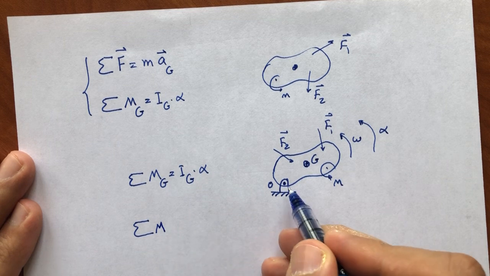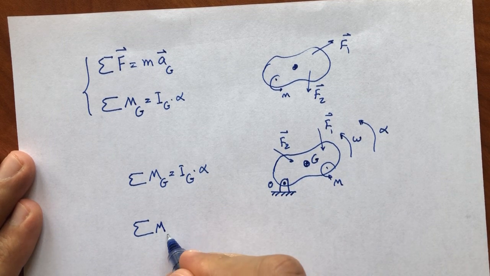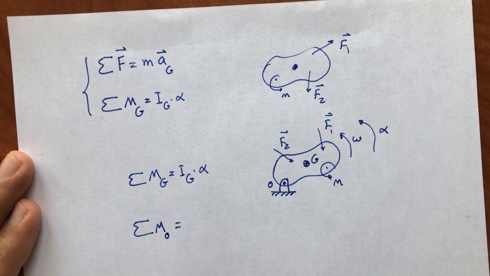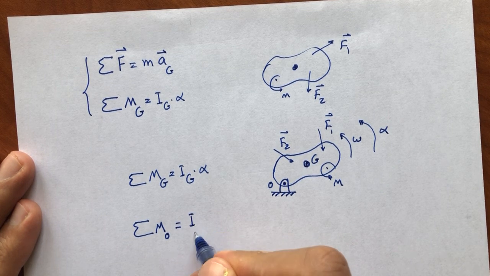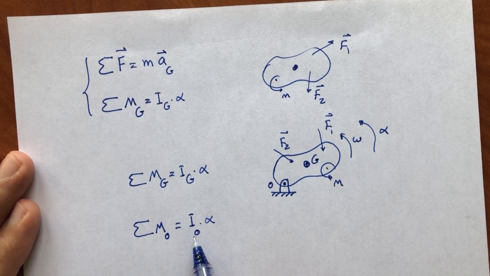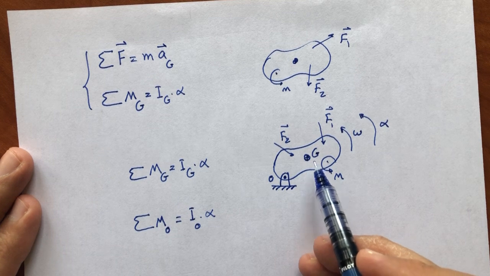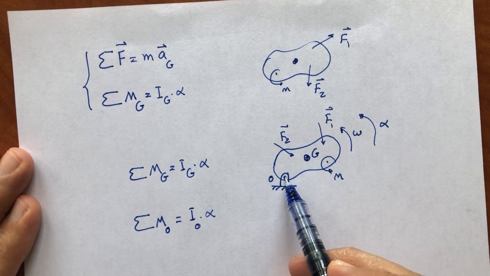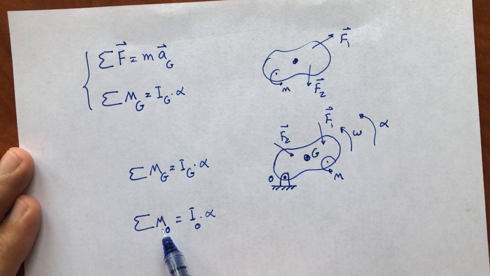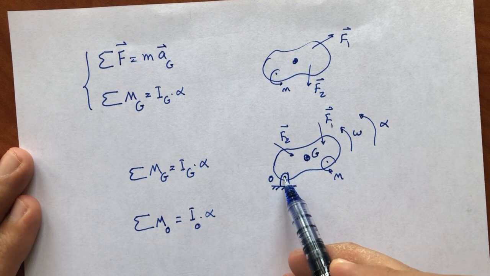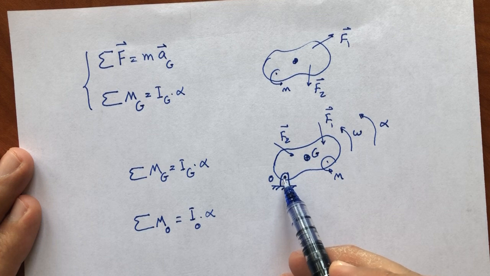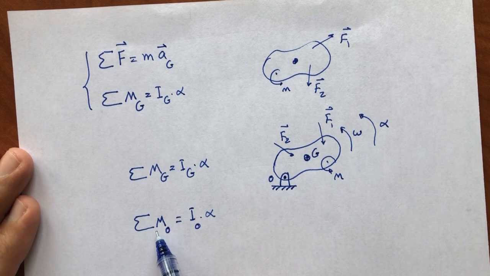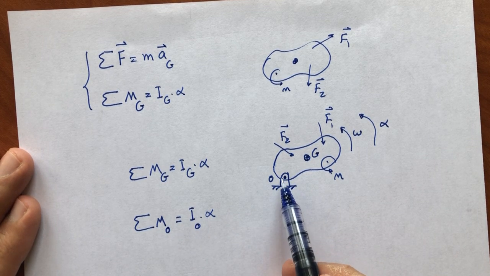We can take the moment about point O as well. Sum of the moments about point O is gonna be equal to I about O times alpha. So I can use this equation for a rigid body which is rotating about a point like O. If I use this equation, then the moment of these two reaction forces about point O is going to disappear because they are not making any moment.